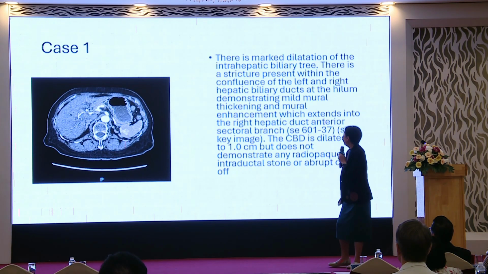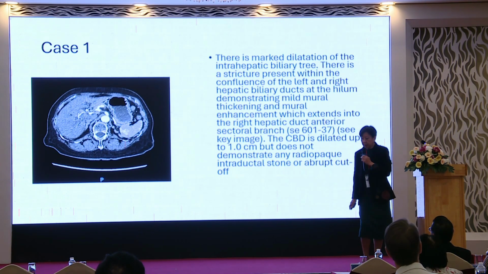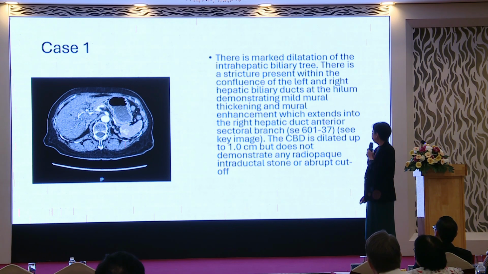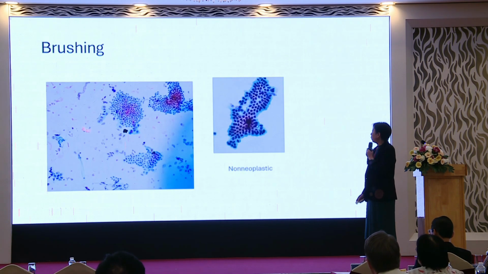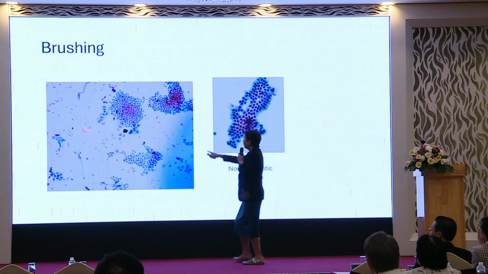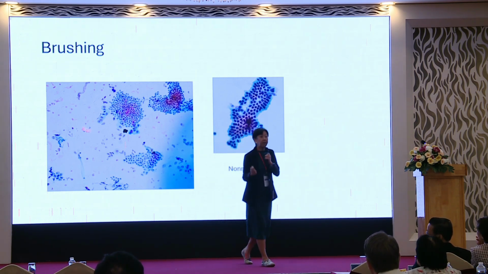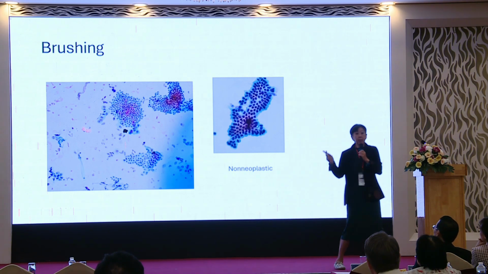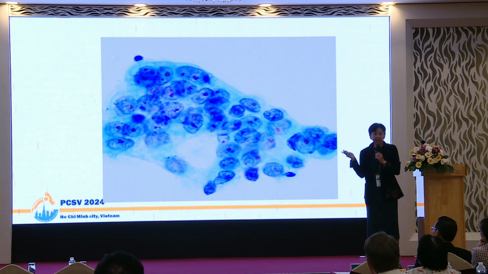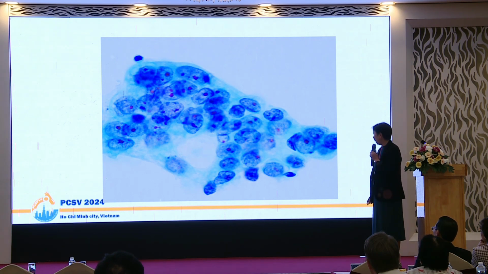Case 1. There was a male with a dilatation of the biliary tree and enhancement. We had a mixture of benign, but fortunately for us, you can see this, which was definitely abnormal. But it doesn't mean that it's only on that we called. We also had other areas which we thought were unequivocally malignant.